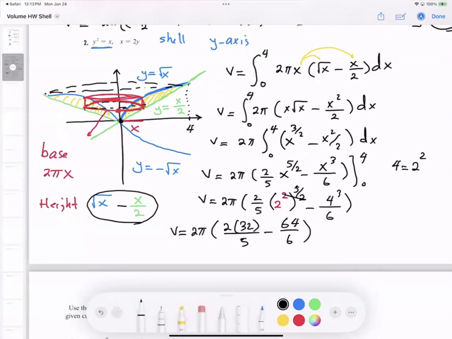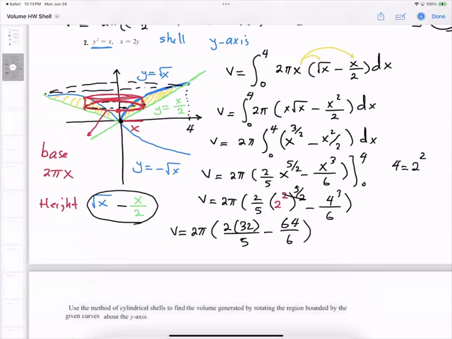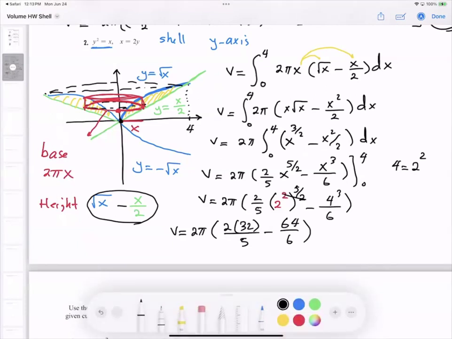Or you could simplify it further. Let me see, just 32 divided by 4. Since I don't have enough space, I'm trying to jam everything here by simplifying beforehand. So here you have 32 divided by 3.